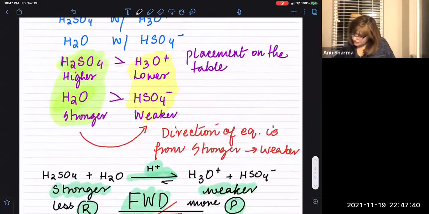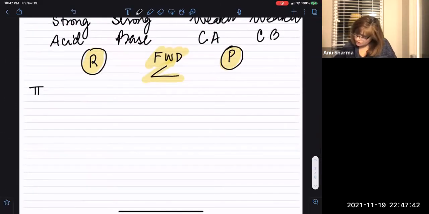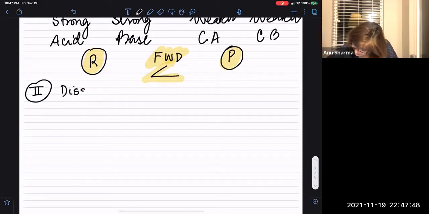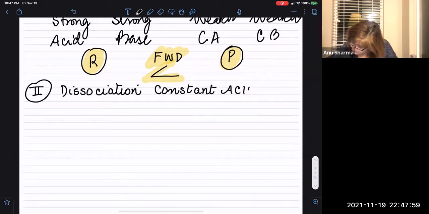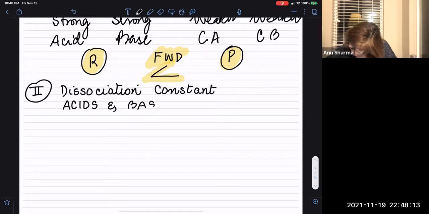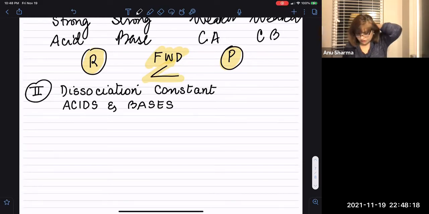Now we have the next thing, which is part 2: dissociation constants of acids and bases.